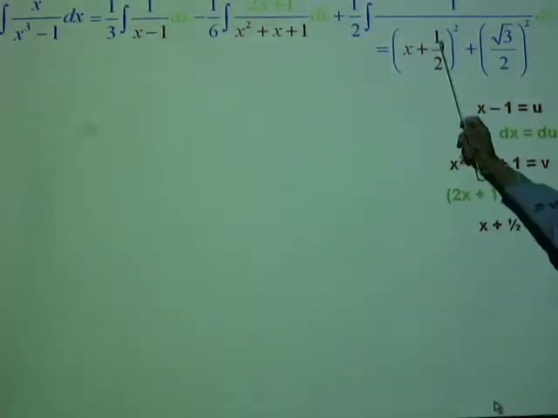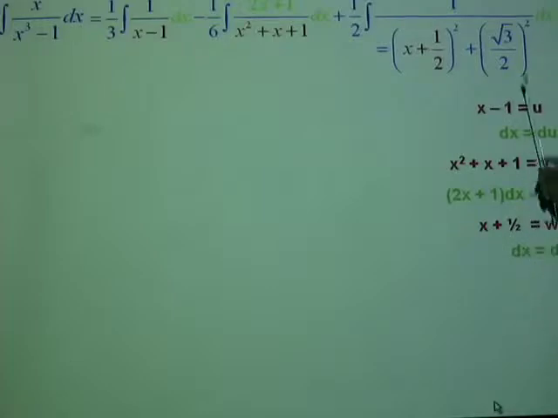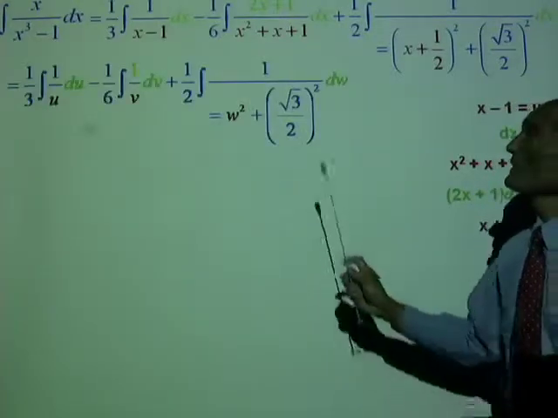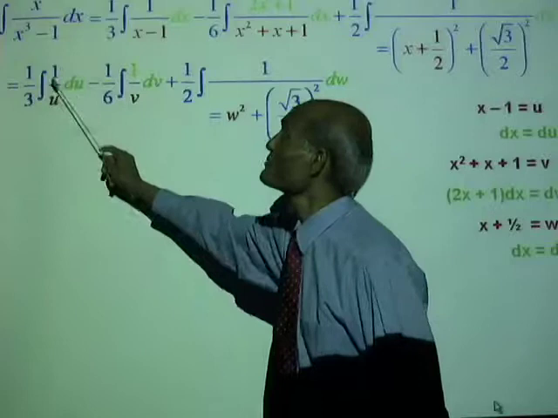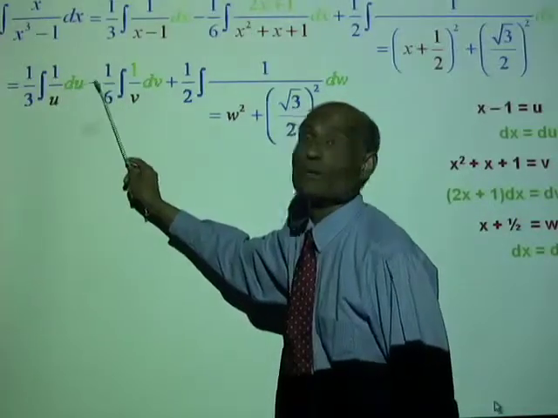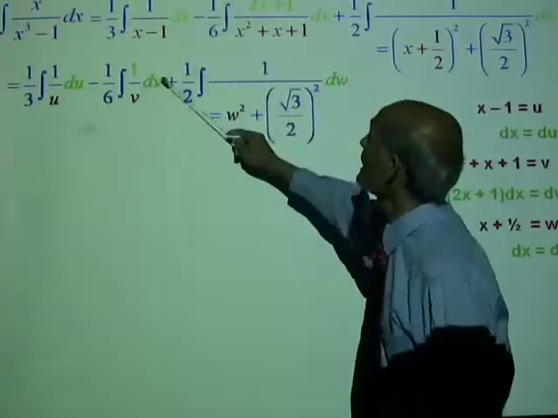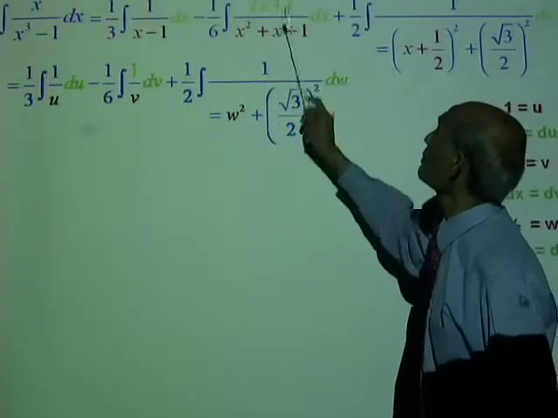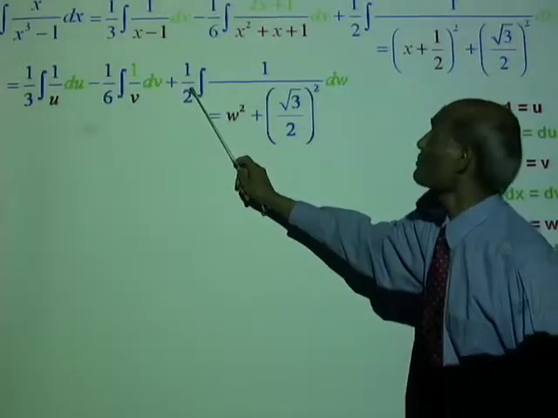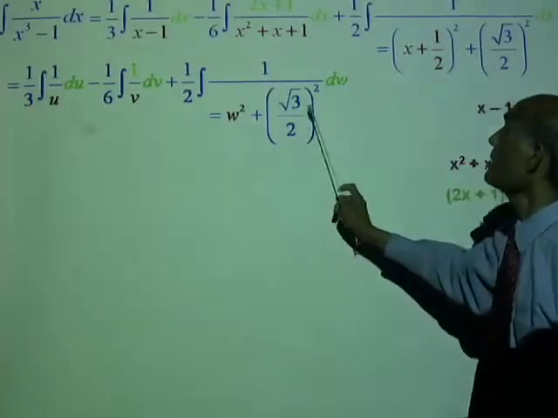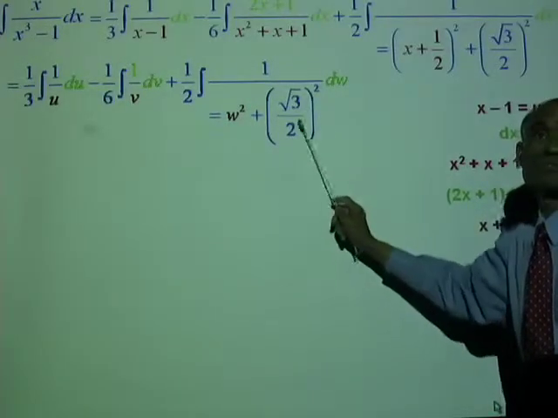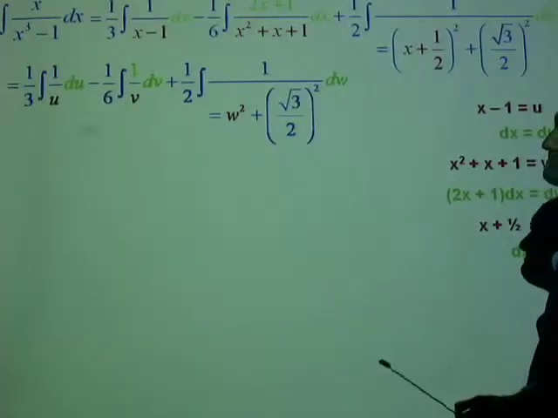So this x plus 1/2 becomes w. We get dx equal to dw. Alright, take all these substitutions in here. What does our integral become? It'll be 1/3 integral 1 over u du minus 1/6 integral 1 over v dv. 2x plus 1 dx is now your dv, plus 1/2 integral 1 over w squared plus root 3 over 2 all squared dw.